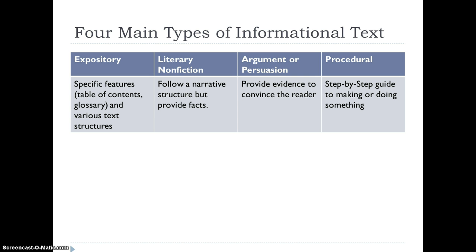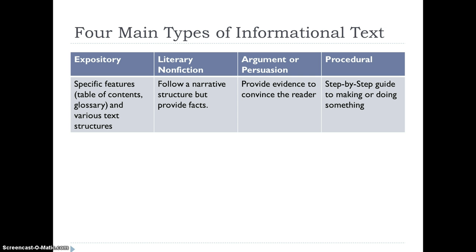When you look at these texts, they all have different features, different purposes, and they're very different, even though they're all informational texts. For example, expository texts are going to have features like the table of contents, whereas procedural texts are going to have materials and steps, step 1, step 2, step 3. Also, reading these texts can be vastly different.